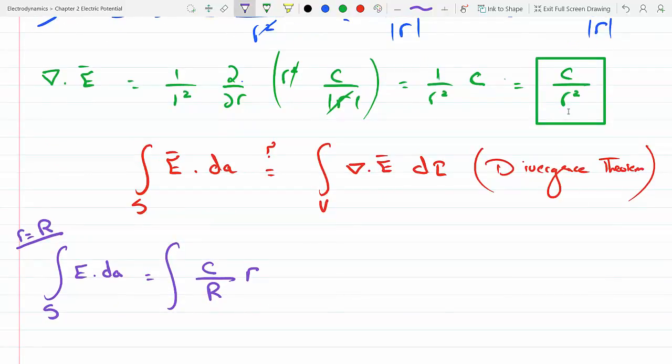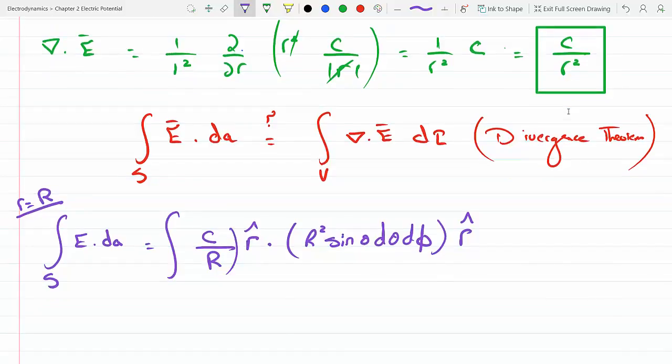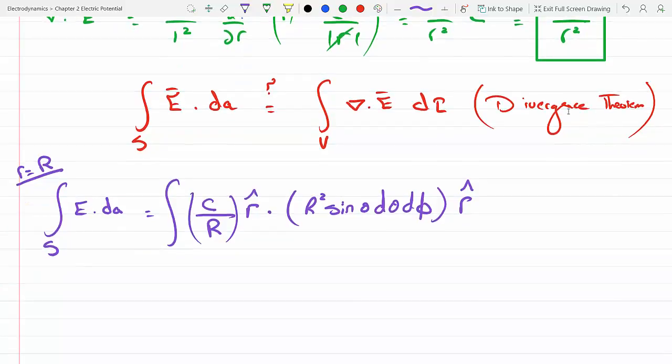It's in the R direction, R hat, dotted with R squared sine theta d theta d phi. And the area vector is perpendicular to the surface, so it has to be also in the radial direction. As you can see, when I do R hat dot R hat, I just get 1.